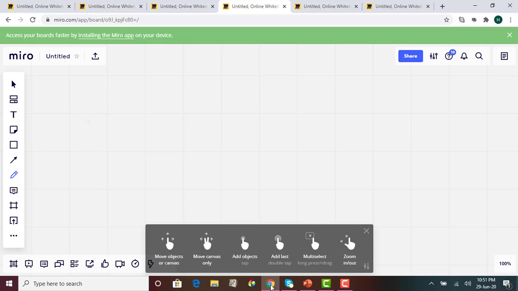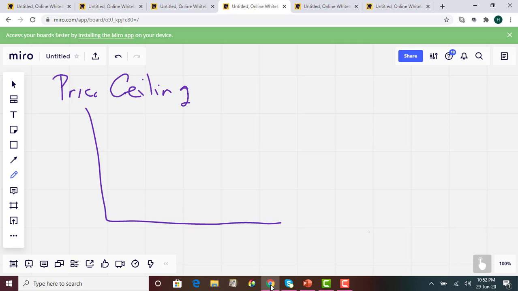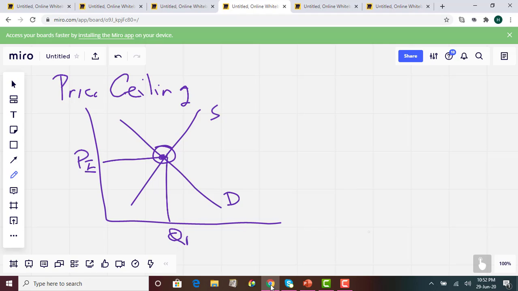Let's say we have a price ceiling situation. This is the demand curve, this is the supply curve, this is the equilibrium price, this is the equilibrium quantity.